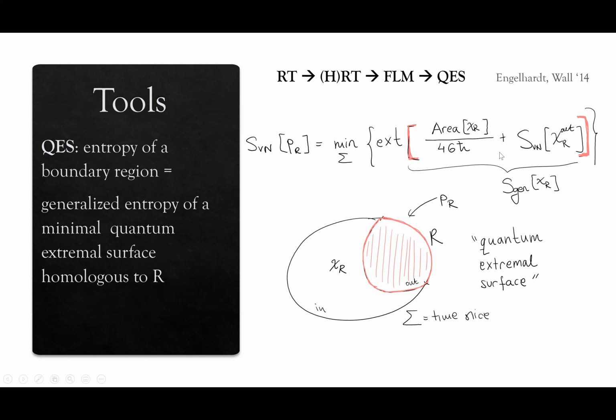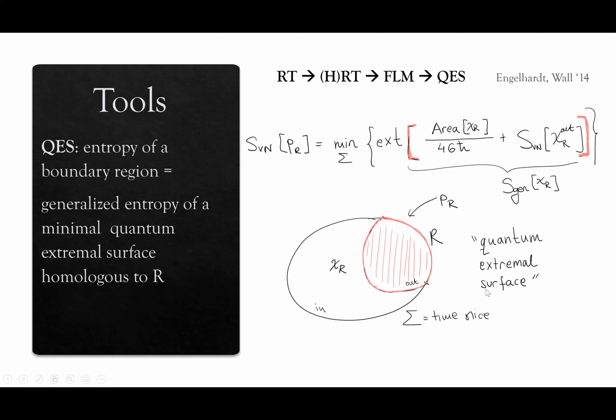The sum is called the generalized entropy, and it's an important object in quantum gravity, we can say, or AdS/CFT. So in color coding, you can see that all the red lines now are also encapsulated by this region bounded by X and R. So we're extremizing over both things. Good, so that's the quantum extremal surface.